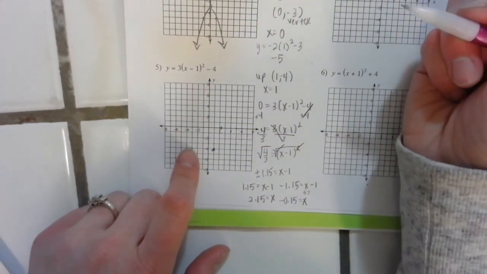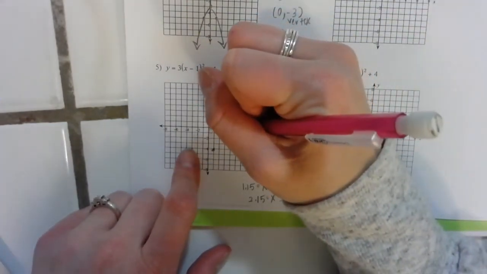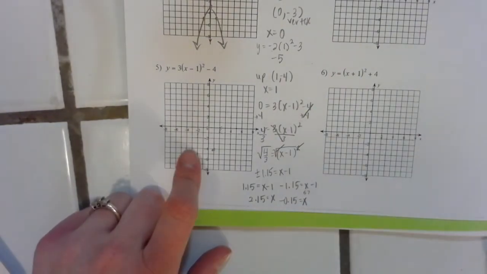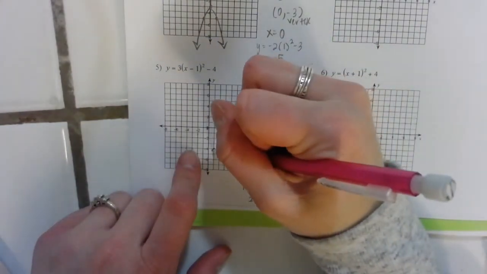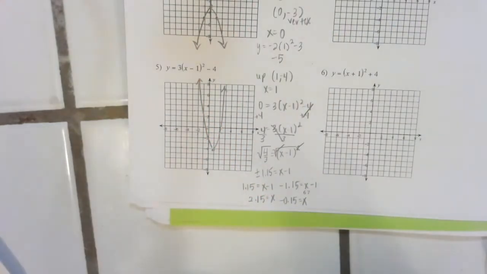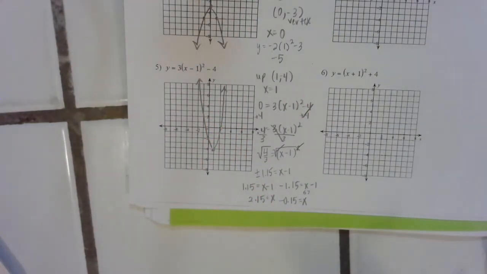That's probably a little generous, but that's okay. And then I'm going to go oppositely, a smidge, to negative 0.15. And then we connect our vertex to our dots, our intercepts, and there we go. We have a cool parabola that we just graphed that was written in vertex form.